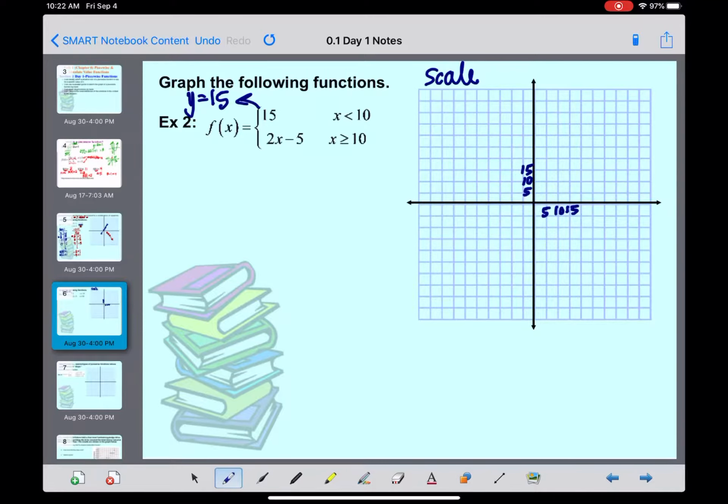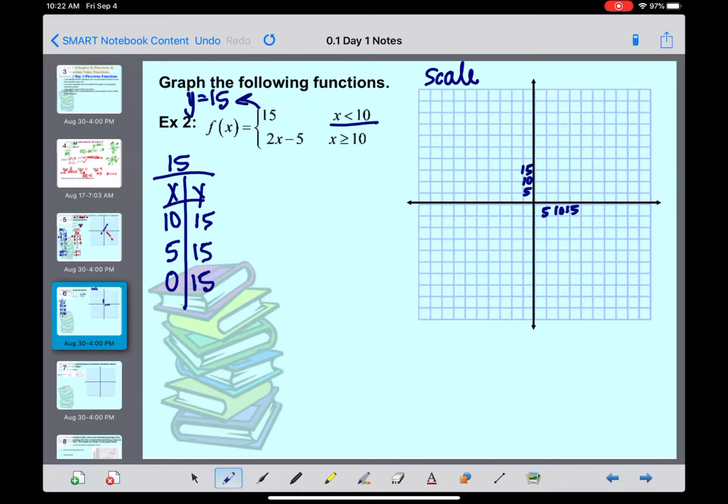I'm still going to make my xy chart. Again, I start at 10 and I want numbers less than 10. So 5, 0. Since I'm going by 5s, I'm going to go by 5s on my x's. I don't have an x to plug it into, so my y value is y equals 15. Every single one of these has to be 15.